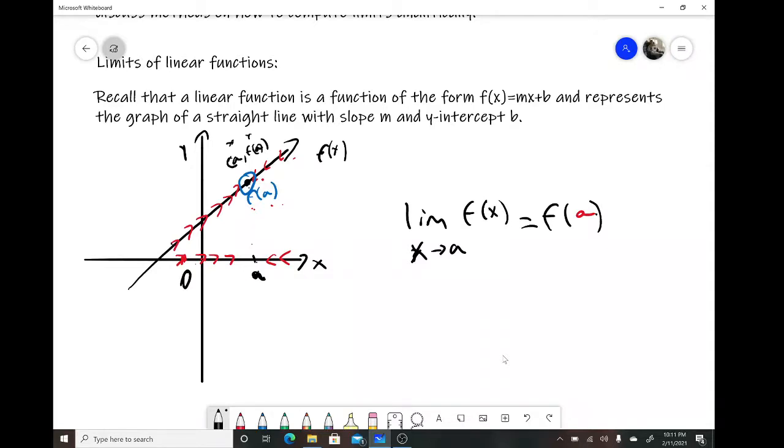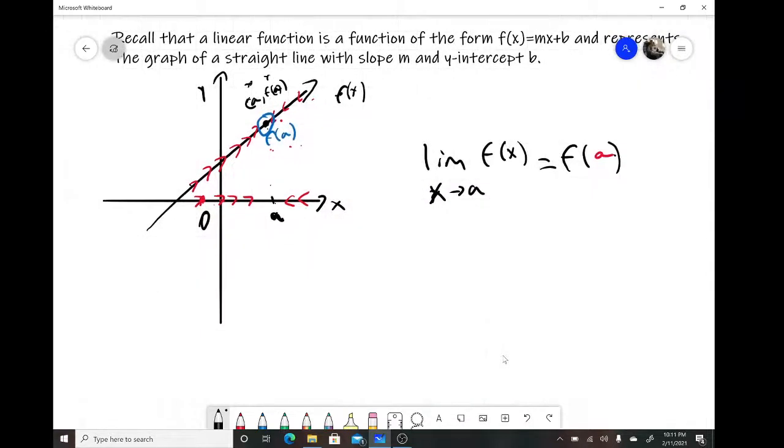So it follows from this idea that for the limit of a linear function, you could simply find it by directly substituting the value of a that we're limiting to into the actual function. Let me write that down.